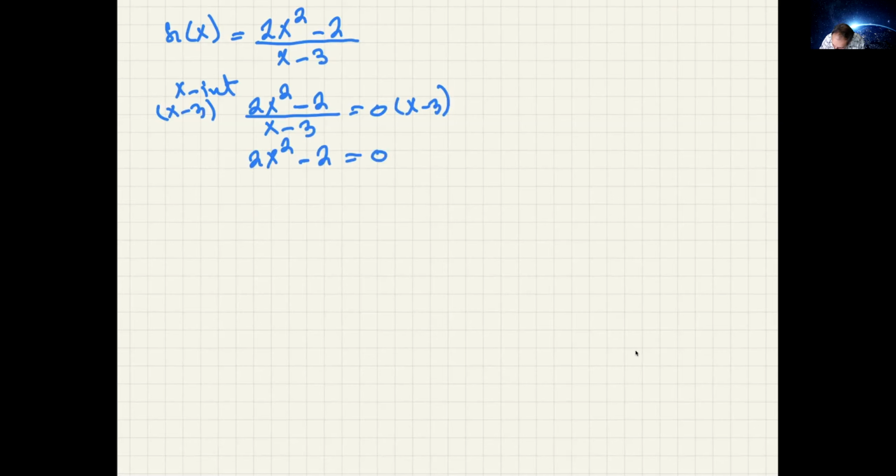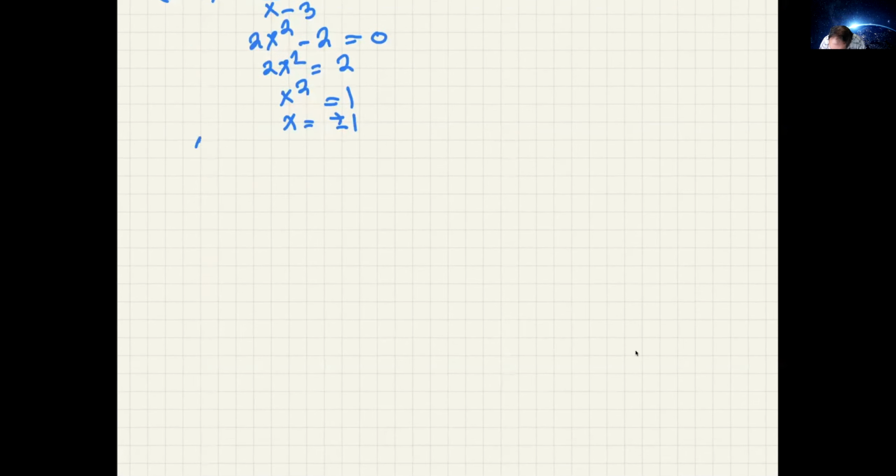Then 2x squared equals 2. Divided by 2, I have x squared is 1. Therefore, x is plus or minus 1. So I have two x-intercepts: -1, 0 and 1, 0.